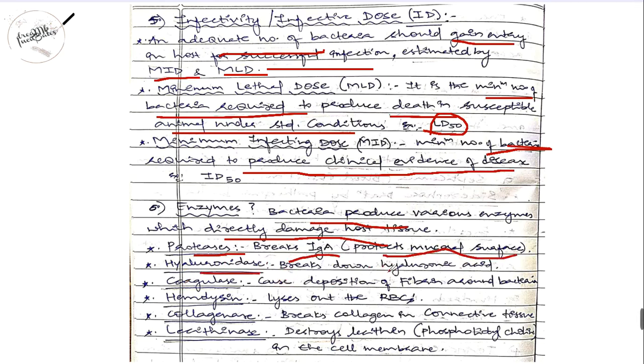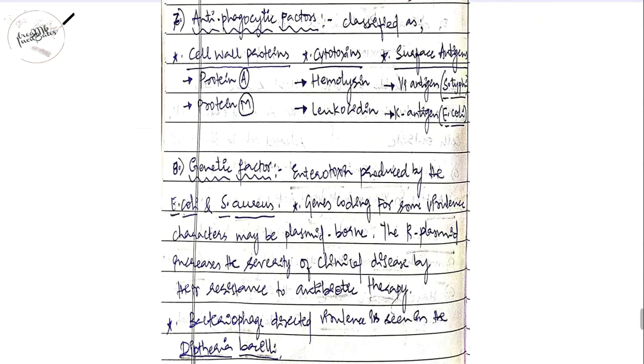Hyaluronidase breaks down hyaluronic acid, while coagulase causes deposition of fibrin around the bacteria. Hemolysin lyses the RBCs. Collagenase breaks the collagen in connective tissue. Lecithinase destroys phosphatidylcholine in the cell membrane.